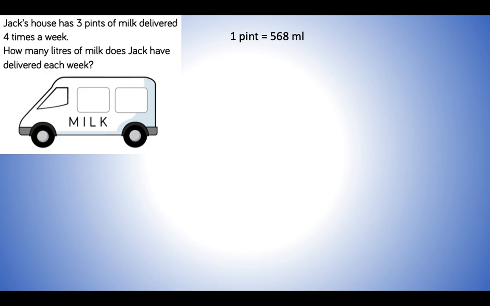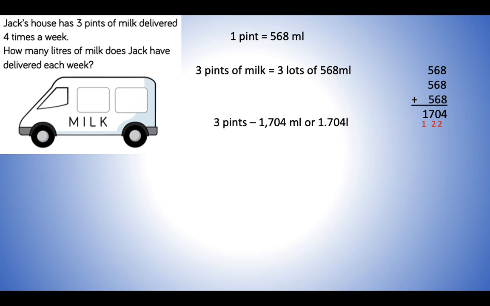Okay, so 3 pints is 3 lots of 568, okay, if we were to get that into litres. Now, you can do it in repeated addition, like I have here, or you can multiply 3 times 568. So 3 pints of milk equal 1,704 millilitres, or 1.704 litres.